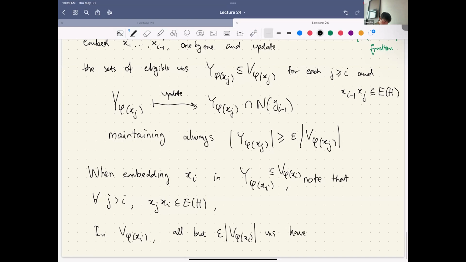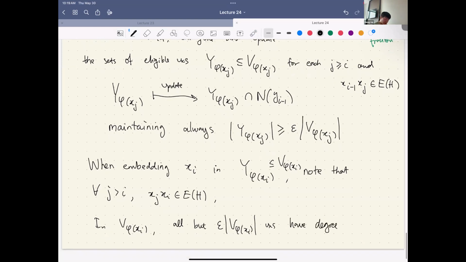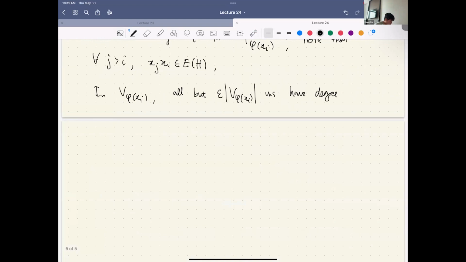have the correct degree. Degree, how much? At least d minus epsilon times Y of u_{xj}. Let me think. Do we need to update the regularity?